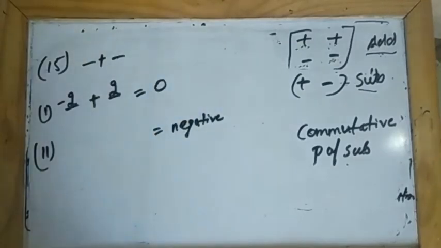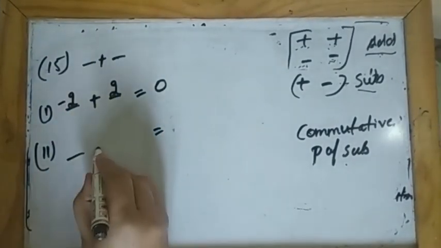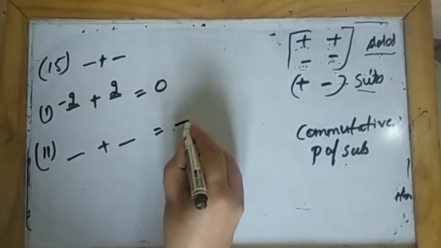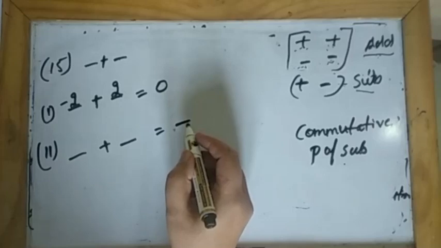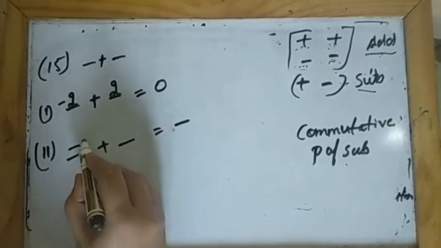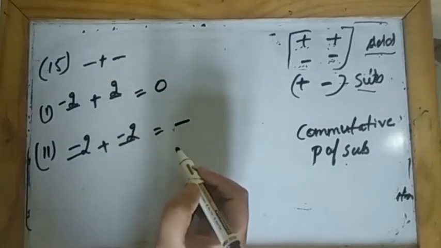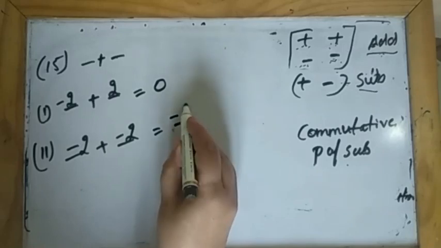You have to add two integers in such a way that the answer is negative. Now when my answer will be negative, either I add both the negative integers. If I add both the negative integers, my answer will be negative.